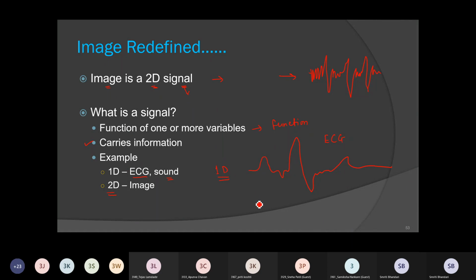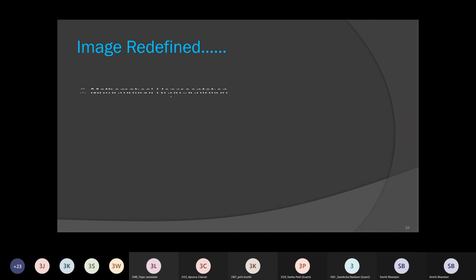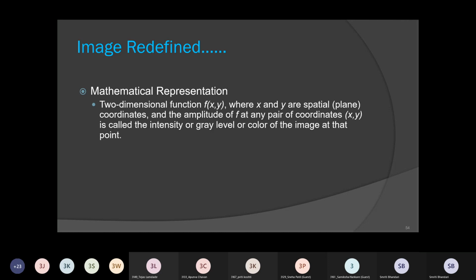Whenever we consider an image, it is a two-dimensional signal, right? So image is a function that conveys information about the behavior or attributes of some phenomenon, right?